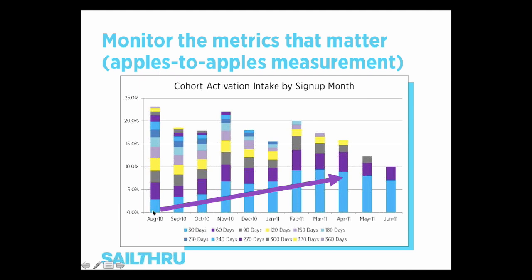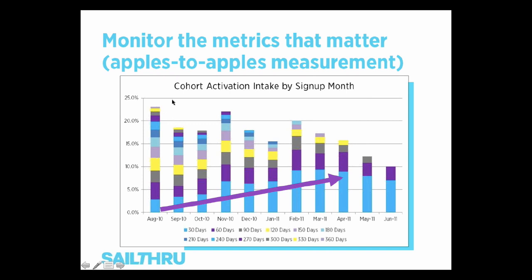All of these bars in between break the calculation down into how many people purchased within the first 30 days, the first 60 days, 90 days, and so on. So for the August 2010 cohort, 23% have purchased, and only about 3% of them purchased in the first 30 days. What am I talking about with regards to the apples-to-apples measurement?